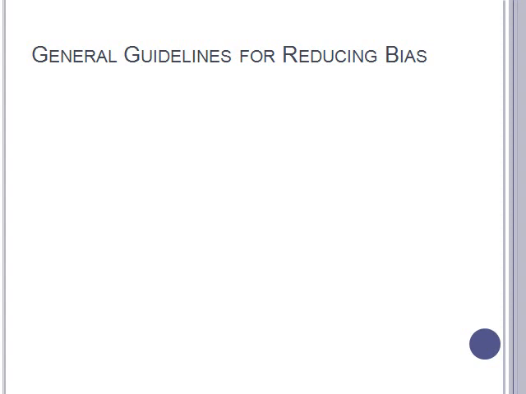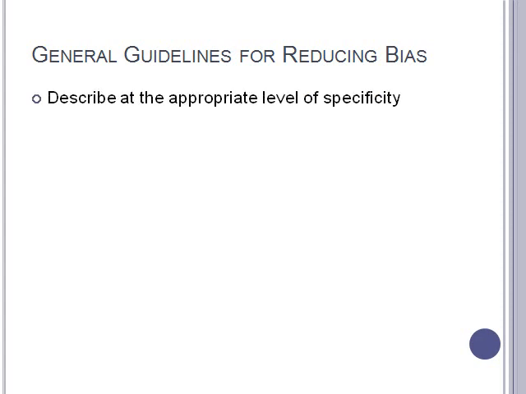may be present. The first one, which is probably the biggest one in terms of guidelines helping you think about how to write appropriately, is to describe at the appropriate level of specificity. Using an overly broad term implies, or at least creates room for the inference, that all members who that term applies to are the same, and there aren't meaningful differences within that group or people who have that same label, which is biased and has negative cultural effects.